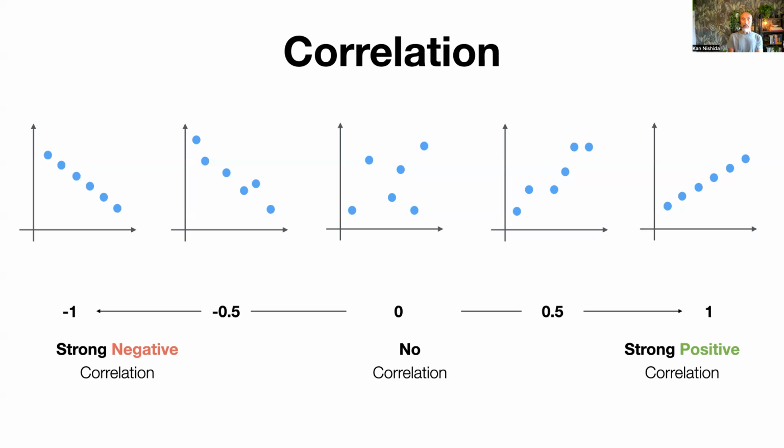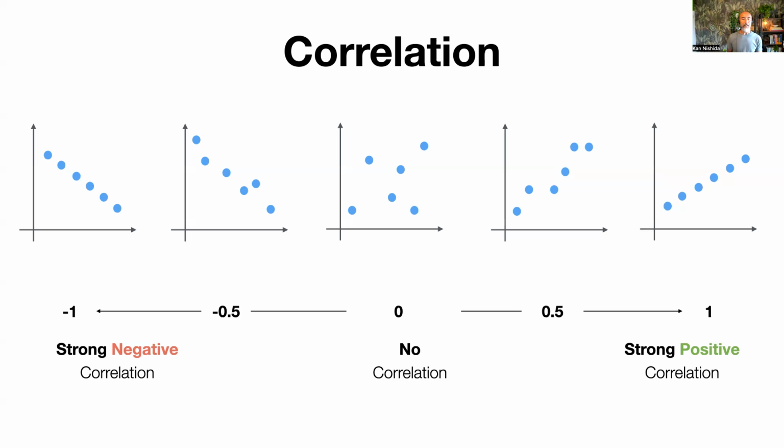And then at the center is 0. When the correlation metric says 0, that means there's no correlation. You can't expect any way. When one variable changes, you can't expect even a change or which way it changes. It's very random. So this type of relationship can be called independent.